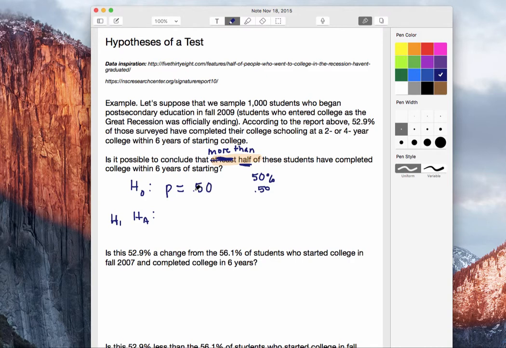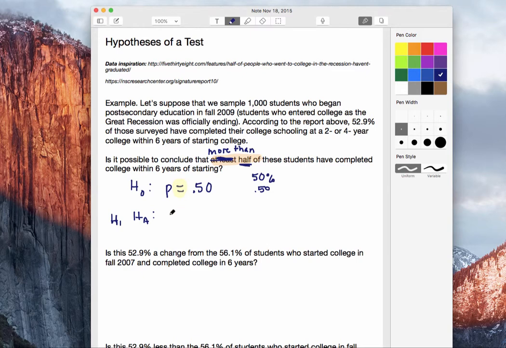The null hypothesis will always have the equal sign. I'm going to highlight that there. The equal sign always belongs in the null hypothesis. The reasoning is when we end up computing some numbers later on, we have to have a starting point. We have to have a fixed number to start with, and you have to fix a number by making it equals. So you have to have equals in your null hypothesis.